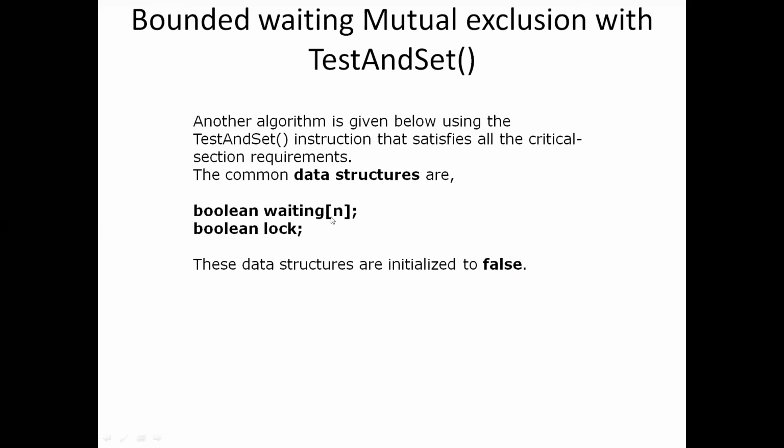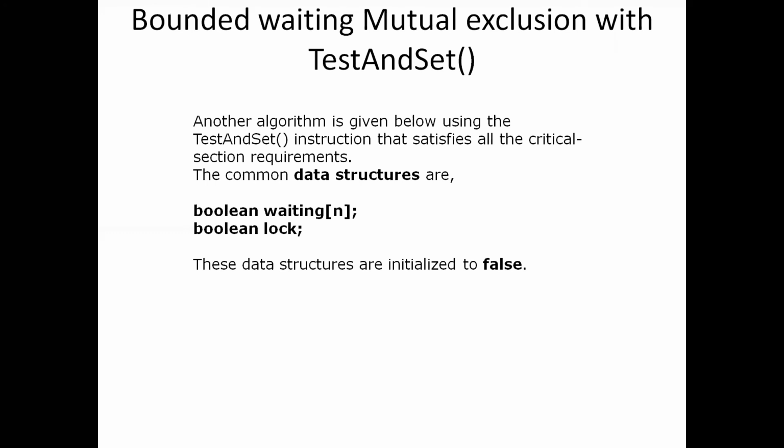Boolean waiting of n means that if more than one process is waiting for the critical section, we can store that using the waiting array. Assume the processes are process 0, process 1, process 2, process 3, process 4. So we have 5 processes waiting to enter into the critical section.